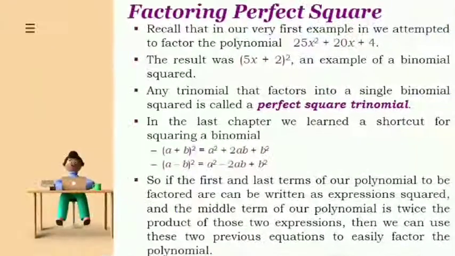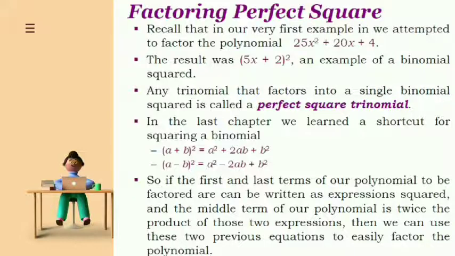Factoring perfect squares. Recall that in our very first example, we attempted to factor the polynomial 25x squared plus 20x plus 4. The result was 5x plus 2 to the second power, an example of a binomial squared. Any trinomial that factors into a single binomial squared is called a perfect square trinomial.